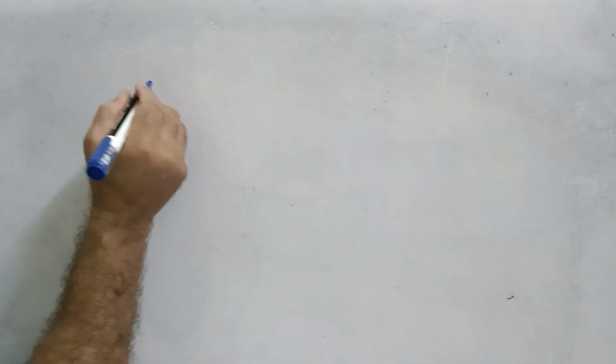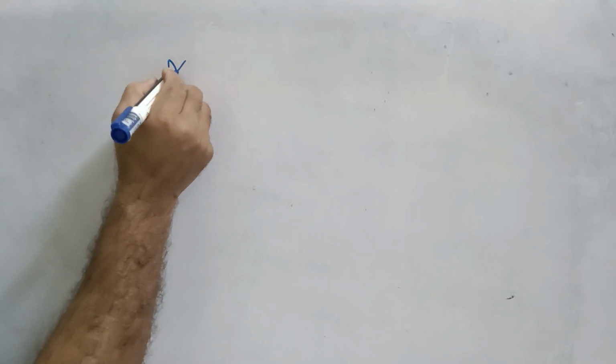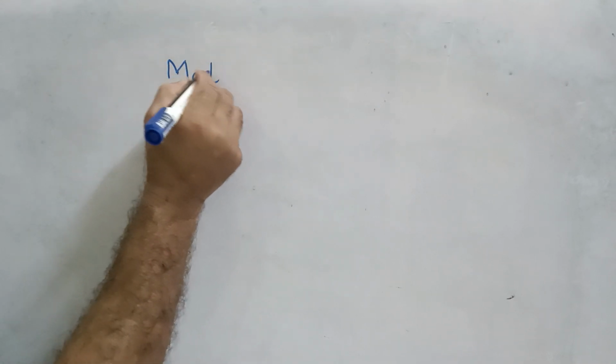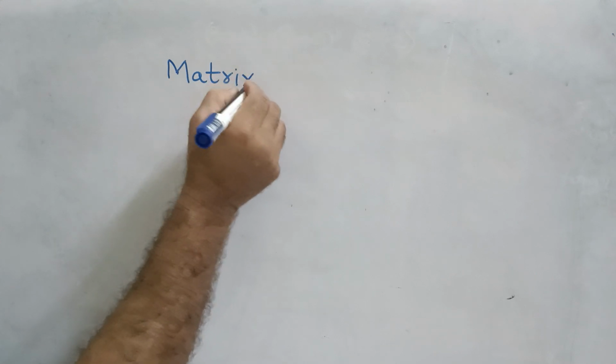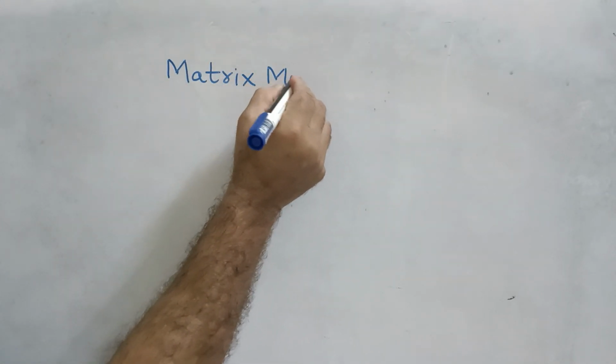In today's presentation, I would like to explain another important operation that is to be performed on two given matrices, that is multiplication, matrix multiplication. Today I am going to explain about matrix multiplication.